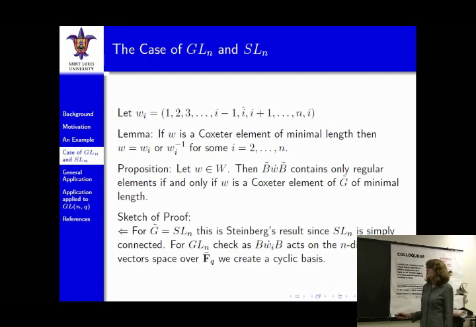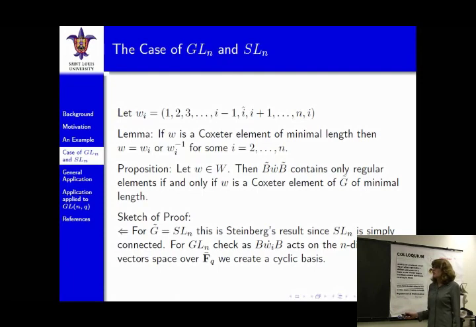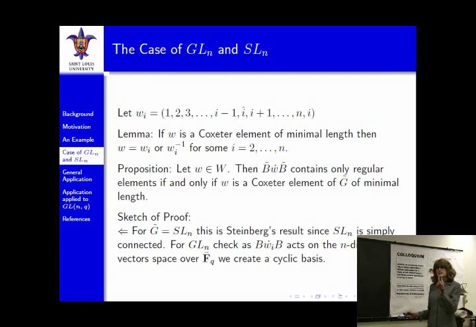For the backwards direction, because SLN is simply connected, that's exactly Steinberg's theorem. For the GLN, this is a sketch. The proof is that you show that you have that cyclic basis, like I did for the GL4. We showed that we had E1, CE1, C squared E1, and so on. You can do that if you have a Coxeter element of minimal length.